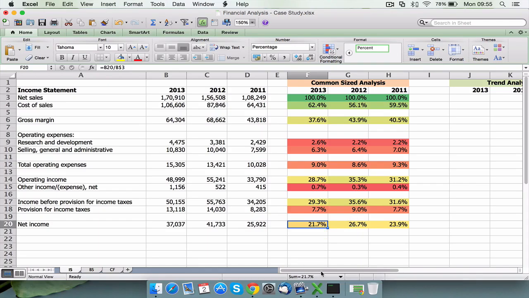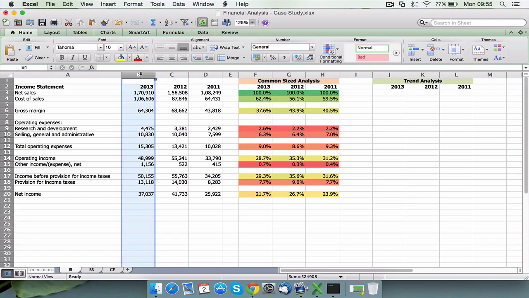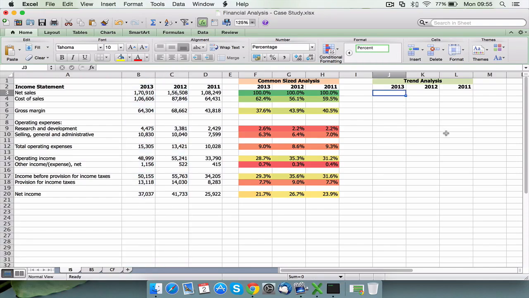Next, we go to another important analysis called the trend analysis. The trend analysis gives you how Apple has been performing over the last 3 years. In order to do the trend analysis, we are going to take the 2013 figures divided by 2012 and subtract 1. Which is basically current year minus previous year, the whole thing divided by previous year.